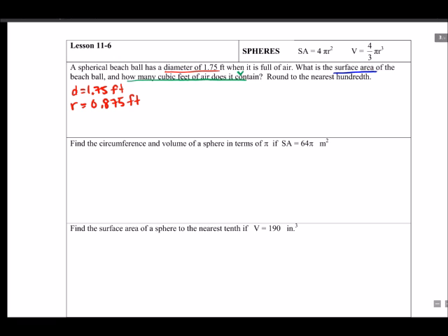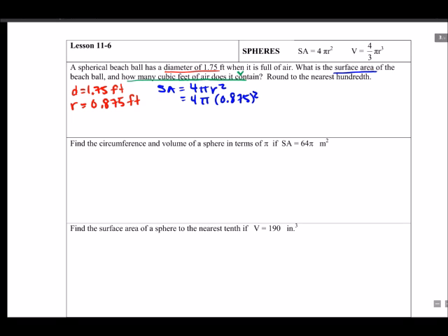So we need to find the surface area of our sphere. It's 4 pi r squared. We simply plug in our numbers. 0.875 squared.